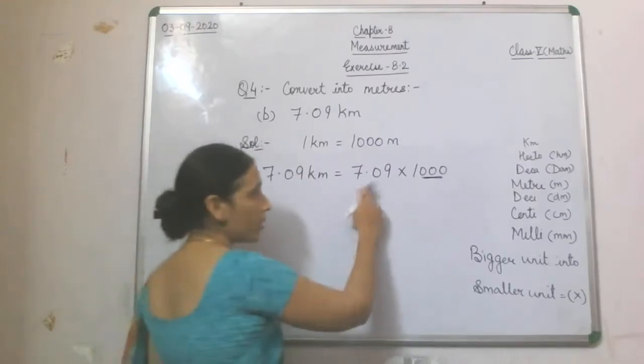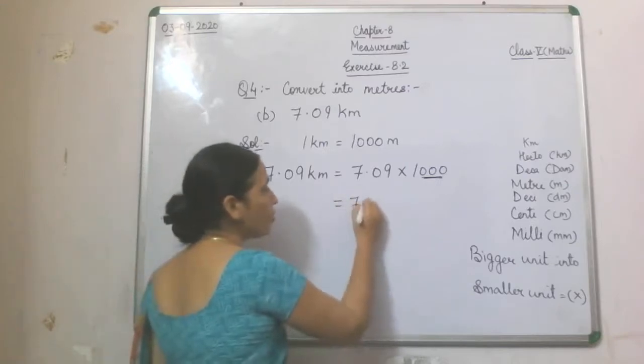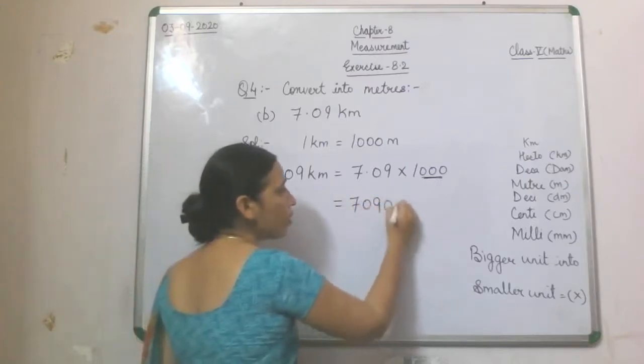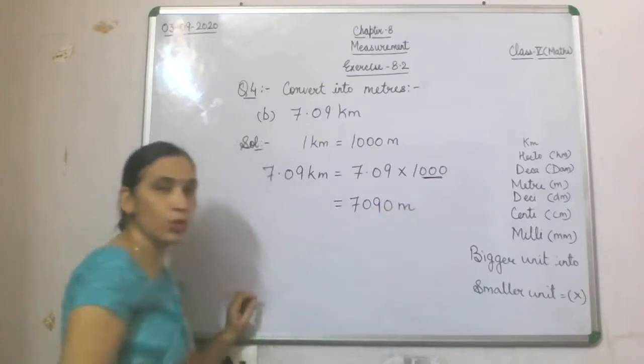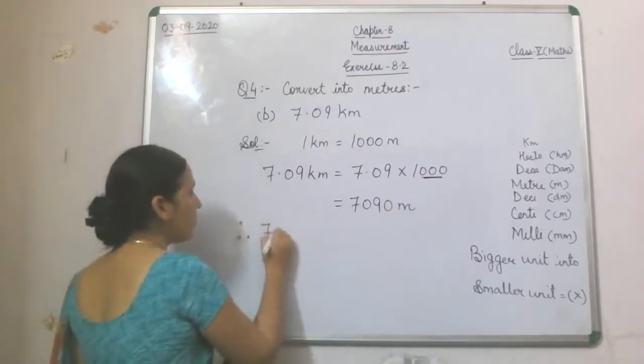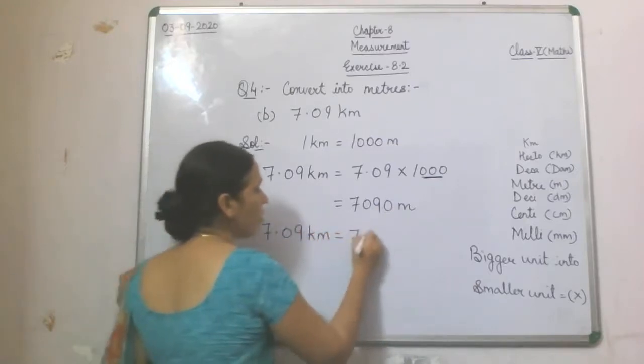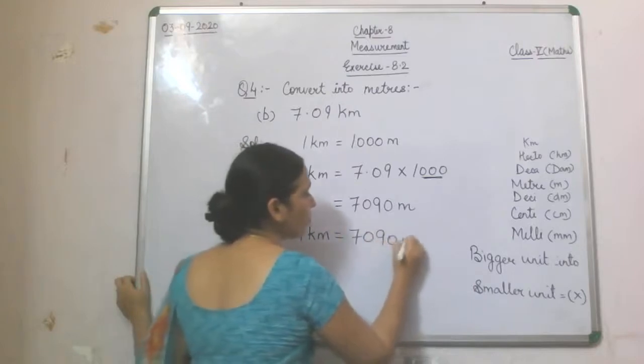But in this question we have only 2 decimal places. So what we are going to do? We are going to add a 0 and the unit will be meter. Therefore 7.09 kilometer is equal to 7090 meter.